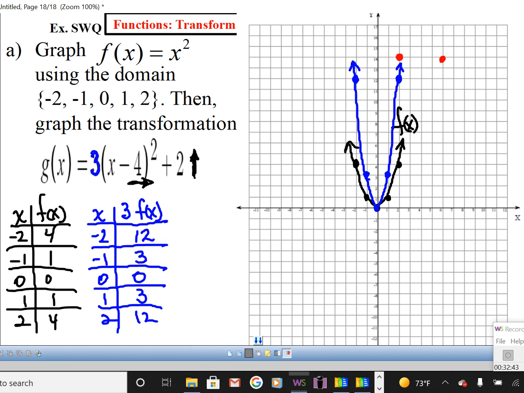Let's see if I'm right. 1, 2, 3, 4, 1, 2. Yes. Okay, let's go to these two, then this one, and last but not least, the final point. And this one we're going to label g of x because it's our final one.